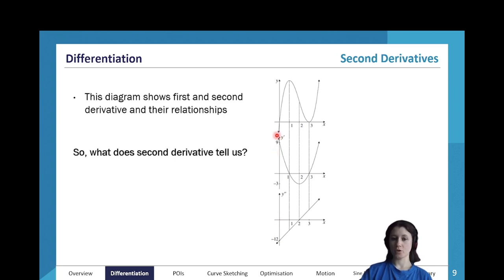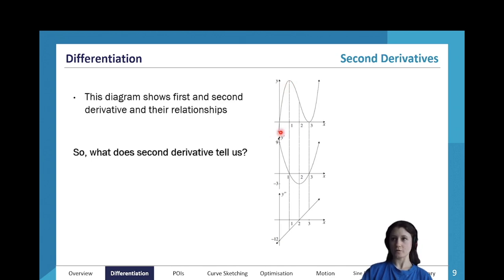Let's have a look, and we'll go along this curve. As you can see, it's quite steep down here. It's quite positive, quite steep. As we're going up the curve, can you see how it's still positive, but it's flattening out, flattening out, until eventually it's flat up here?